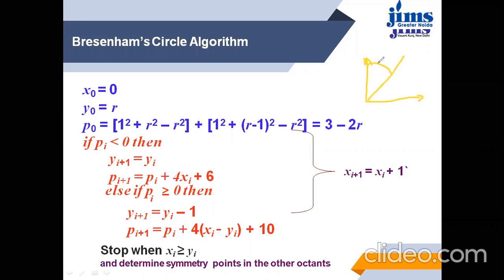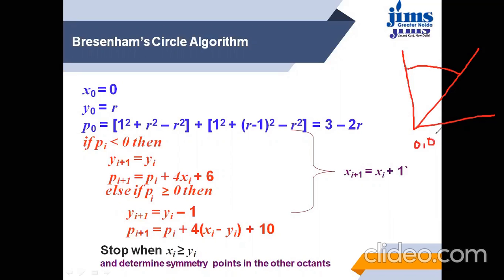Let me change color once more. This is the coordinate system. This is 45 degrees. I will try to find the points from here to here. As the radius of this circle is r, this is 0, 0, the origin.